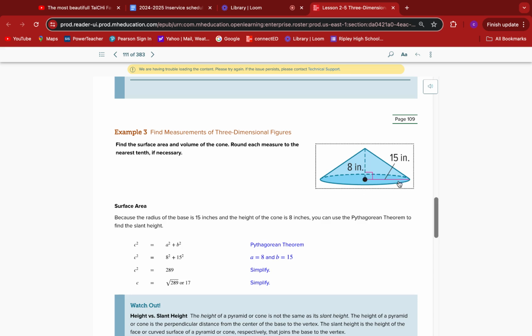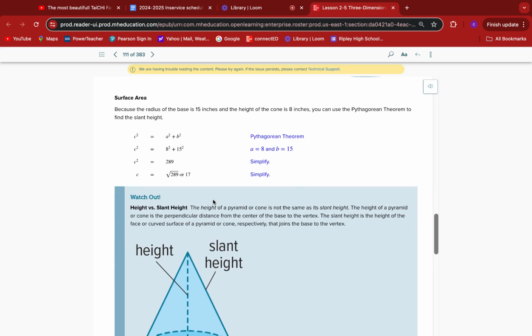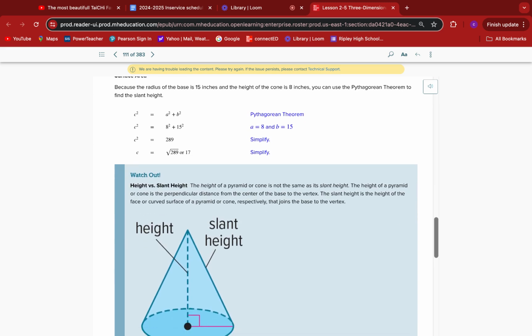A squared plus B squared equals C squared. A squared is my 8 squared, B squared my 15 squared, and my C squared for the Pythagorean theorem. All right, so they ended up with 17, or approximately 17, the square root of 289.